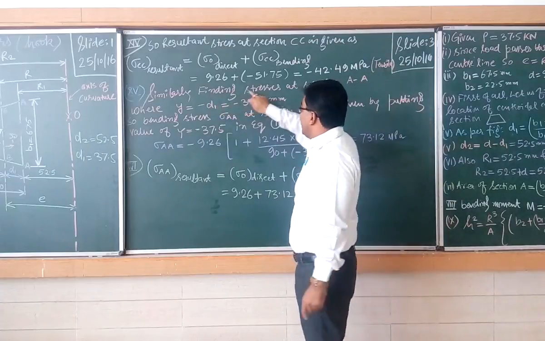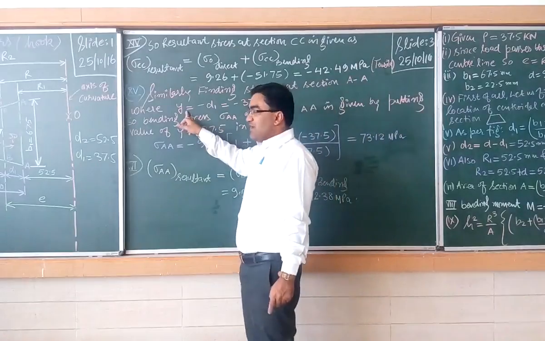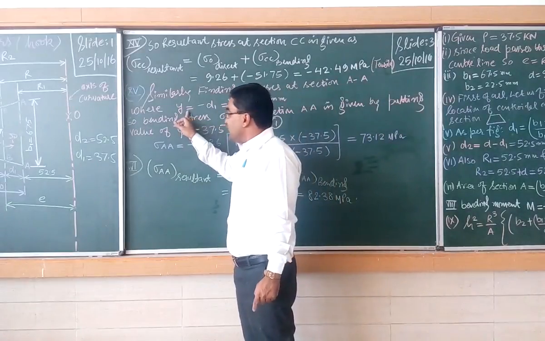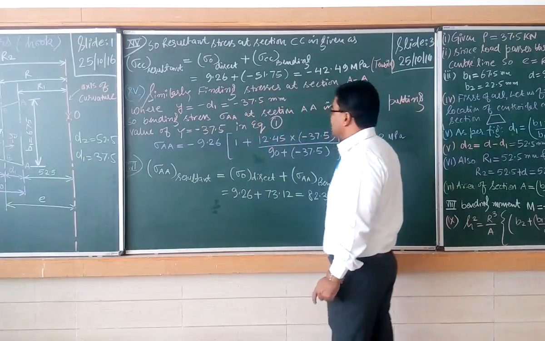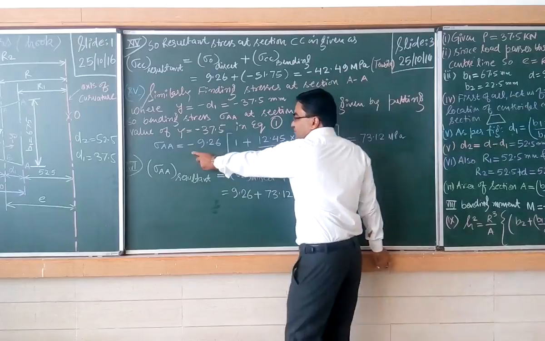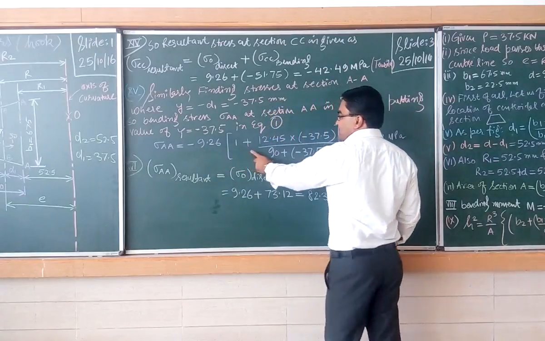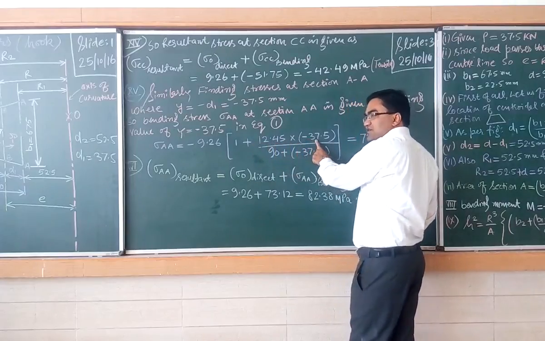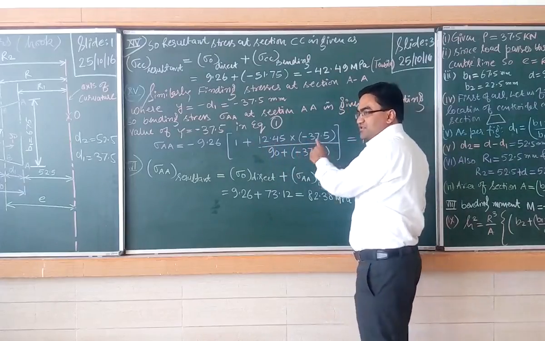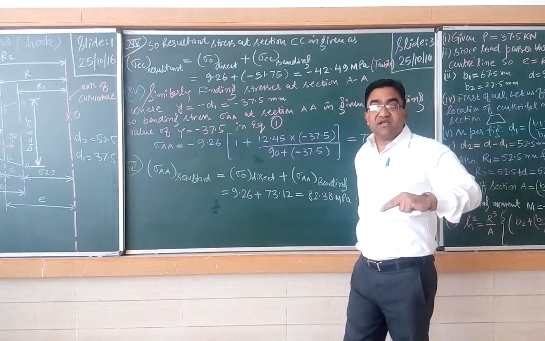Point number 2. Similarly, finding the stresses at the section AA. The value of y at the section AA will be minus D1. Simply put it into the equation for the bending stresses at the section AA. Minus 9.26 plus 12.45 minus 37. This is the value of y, because this is negative in nature, below the centroid direction.